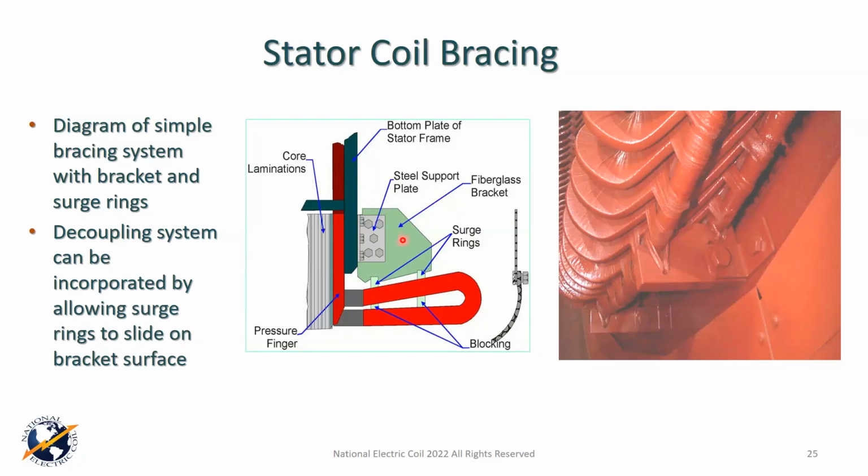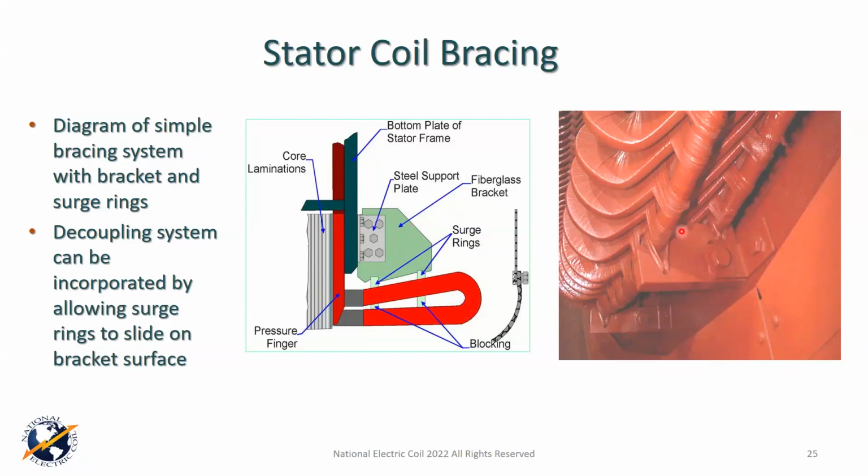So they found ways to allow the end winding to either move on lands with the surge rings or for the coils to move on those areas so that you could allow for that axial movement of the coil when the machine heated up and when it cooled down, through your operational cycle and so on. And that's an important thing to recognize.